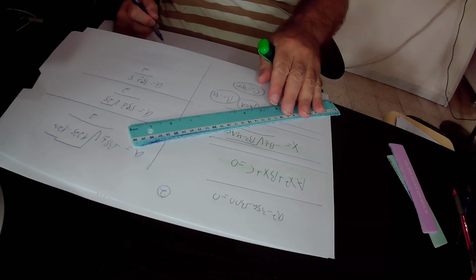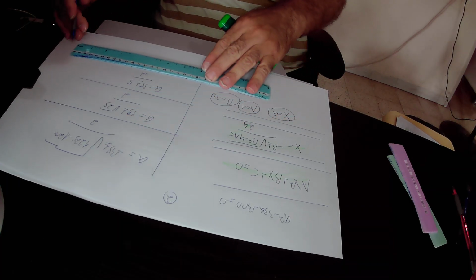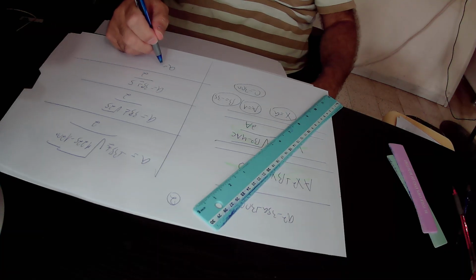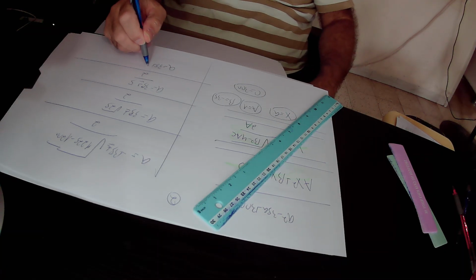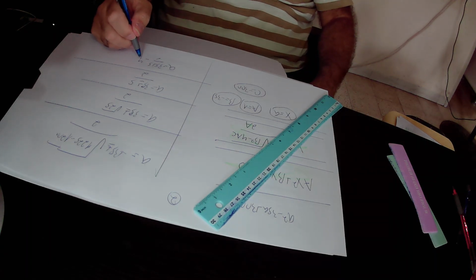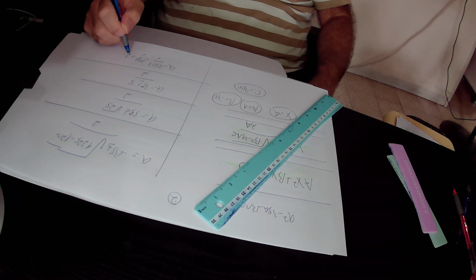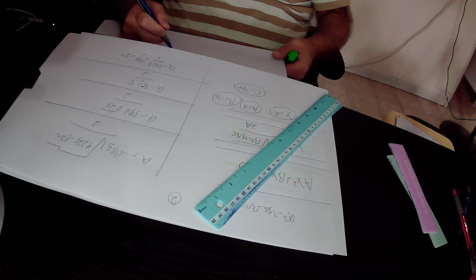So here we have two possible solutions for a. The first solution for a is that a equals 35 plus 5 over 2. 35 plus 5 is 40, and 40 over 2 is 20. So the first solution is a equals 20.